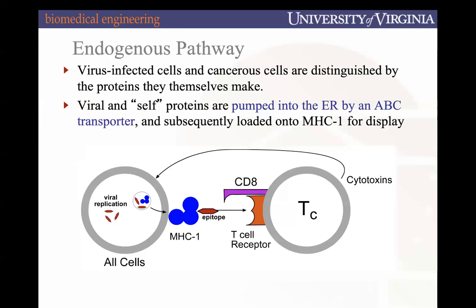And so when your upper respiratory epithelium is infected and producing lots of spike protein, in the case of a coronavirus SARS-CoV-2 infection, those cells might be detected if in fact spike protein is then displayed on MHC class 1, because again, it's just taking what's being produced and displaying it on the surface and waiting for a cytotoxic T cell or CD8 positive T cell to identify it and release cytotoxins as displayed here to kill the infected cell.